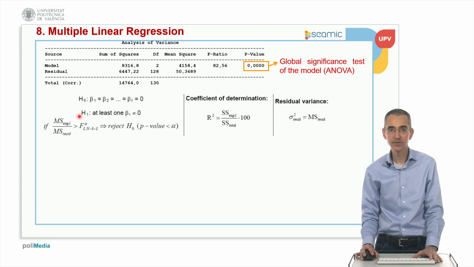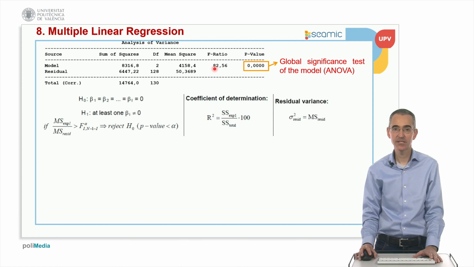It's more or less like analysis of variance, in the sense that we have a sum of squares, we have mean squares, and we divide the mean square of the model by the residual. We have an F ratio that we compare with the critical value from an F table, so from the F distribution we have a p-value.